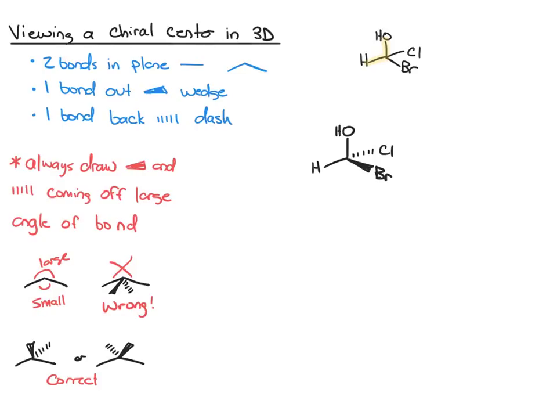Okay, but it would also be perfectly valid to draw the chlorine coming out and the bromine going back. Here's my chiral center.